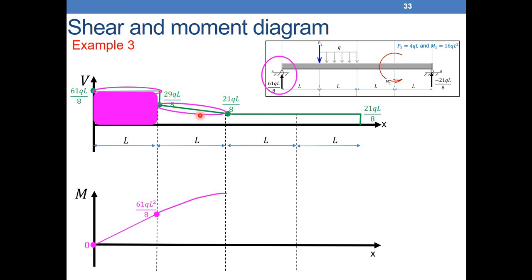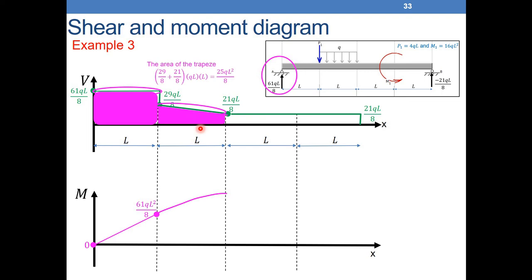We need to find the point here. In fact, now to find the point here, we know that the variation of the moment between this point and this point is equal to the area of this trapeze between L and 2L. So I have 29 QL over 8 here, I have 21 QL over 8 here, and I have a length L. How do we find the area?